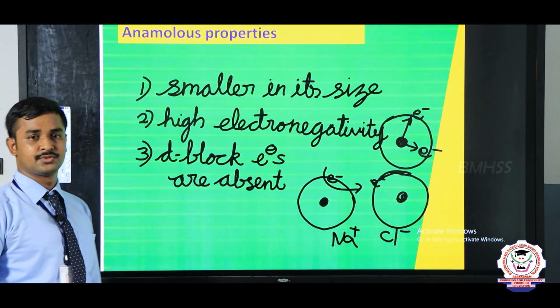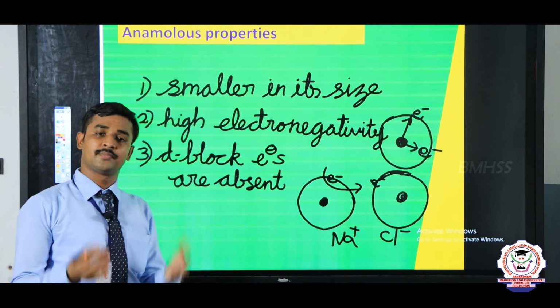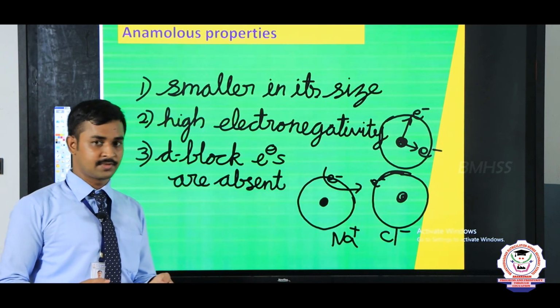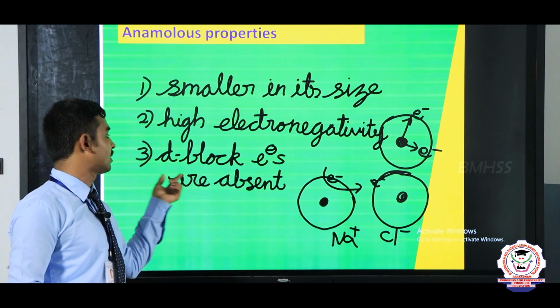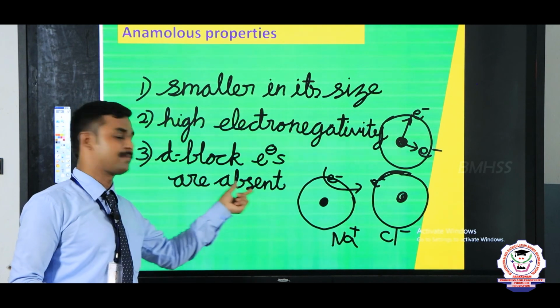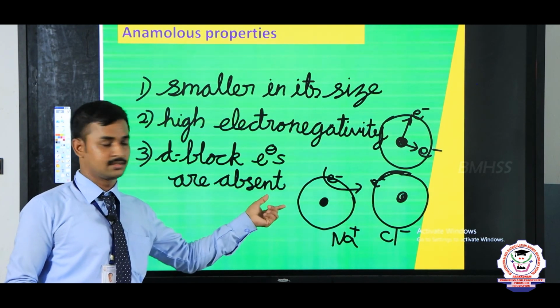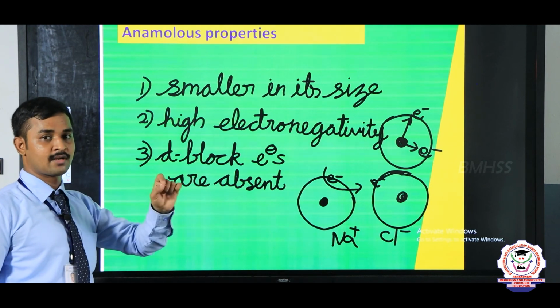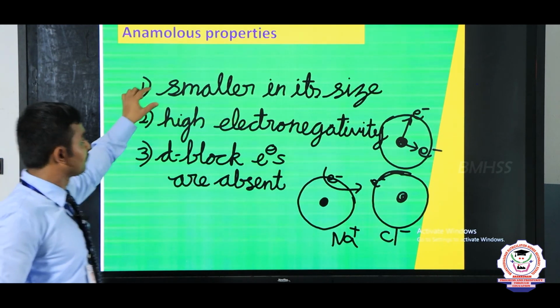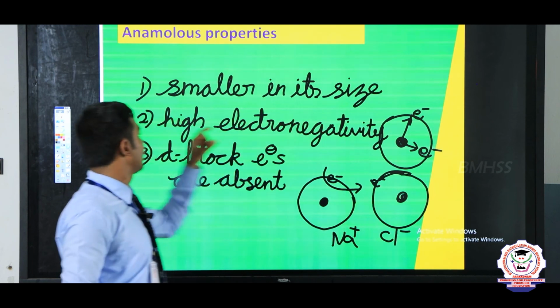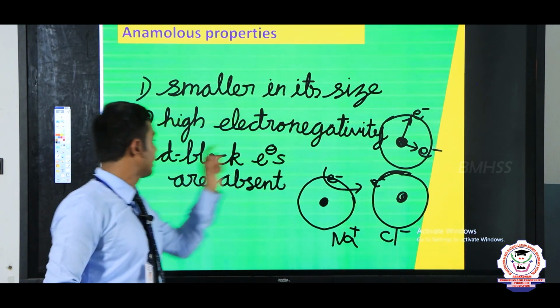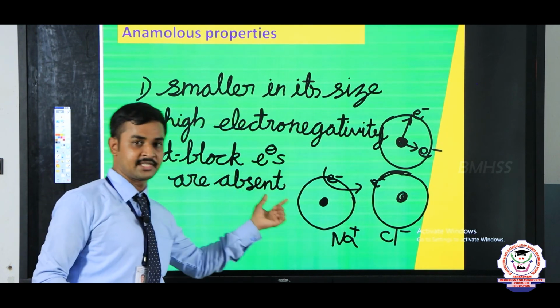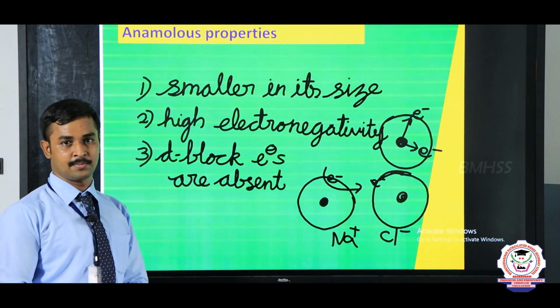It is very easy to know, because p block elements do not attract the electrons from the d block. So, this is the special characteristic of p block anomalous properties. Let's see, smaller size, high electronegativity and d block electrons are absent. These are the 3 points for anomalous properties.